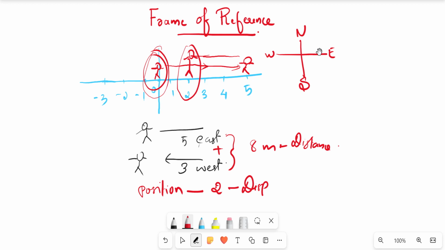So you need a frame of reference to calculate the movement of a particle, or its velocity, displacement, distance, speed, acceleration and all the attributes. The point or place with respect to which you calculate these values is known as the frame of reference.